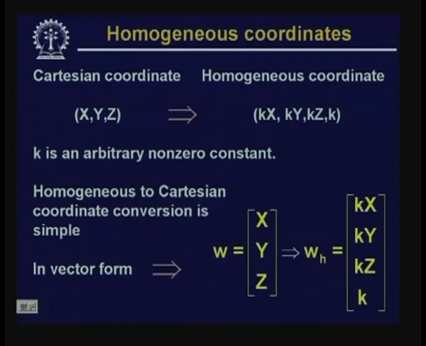While doing this conversion, every component of the coordinate, that is X, Y, Z, is multiplied by a non-zero arbitrary constant k, and the same value of k is appended as a fourth component. So for a Cartesian coordinate X, Y, Z, the corresponding homogeneous coordinate is kX, kY, kZ and k.